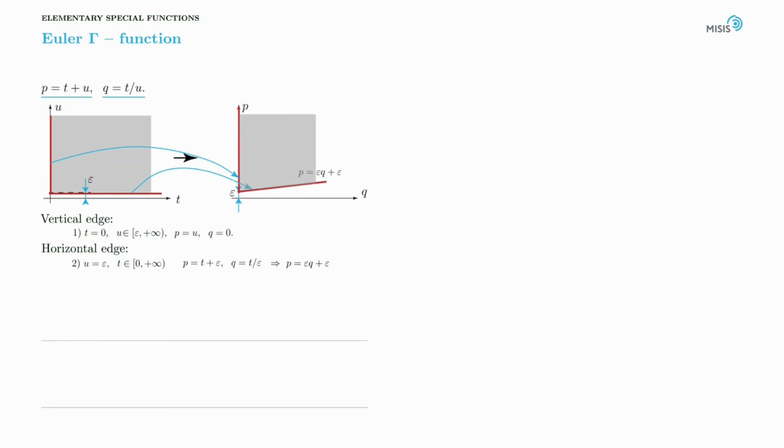Finally, we have all the ingredients to perform the change of variables: the Jacobian and the new region. So let's just do it. So here is our product of two gamma functions. First, it used to be a double integral.